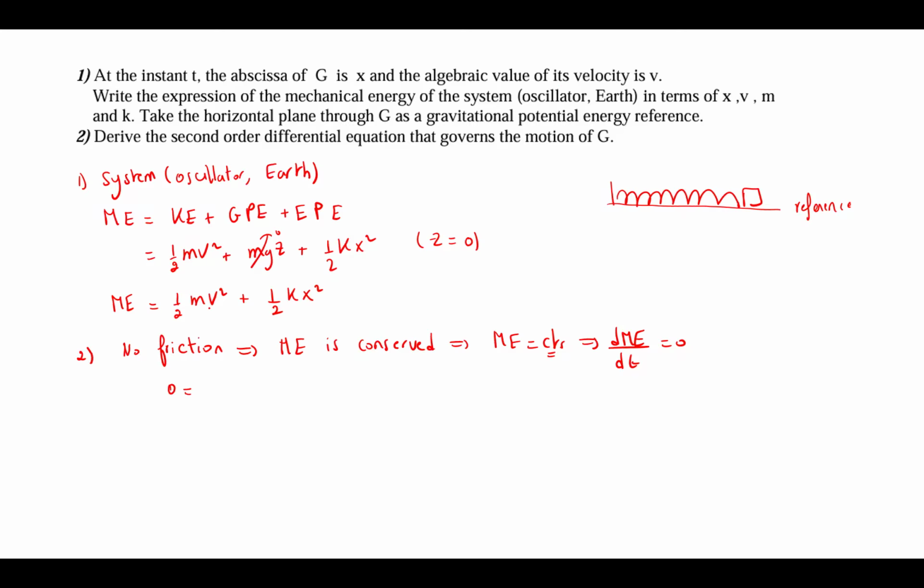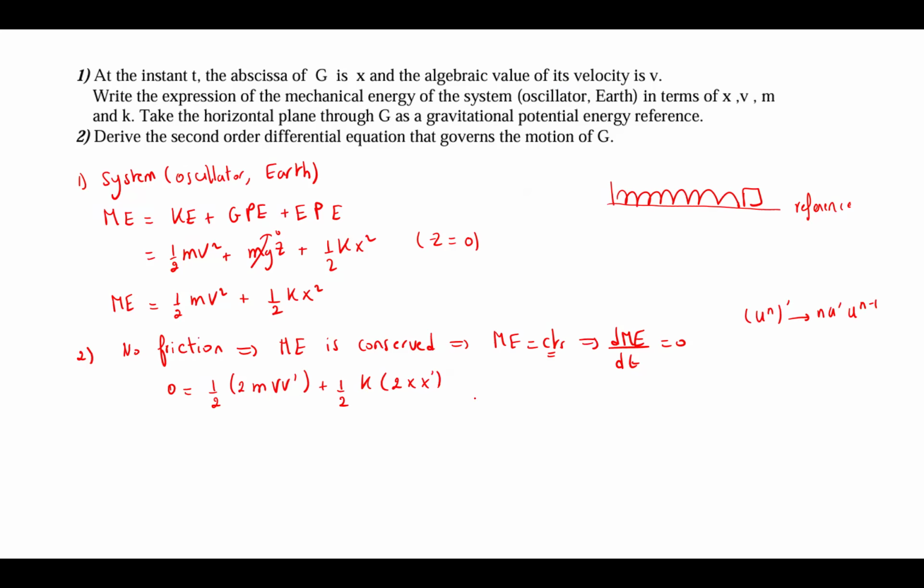The derivative of half mv squared becomes half 2 m v v prime, plus half k 2 x x prime. Since we know that v and x are expressions, it's as if I'm using the derivative of u to the power n, which gives n u prime u to the power n minus 1.